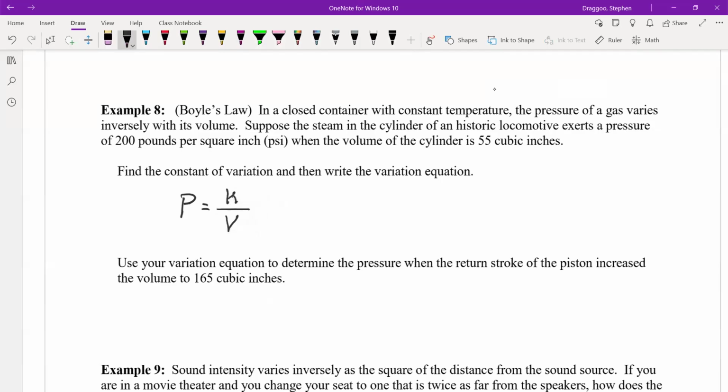Now, if I want to solve that thing for K, K is equal to P times V, which is 200 times 55, or 11,000. Just 3 zeros, actually.